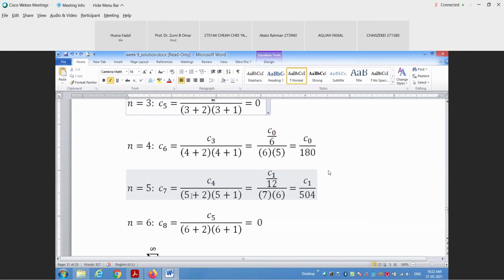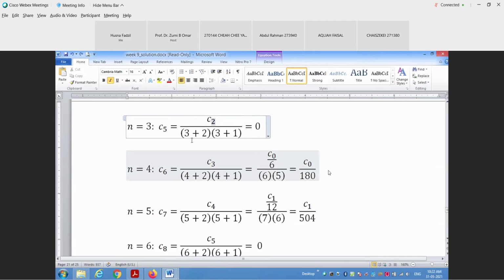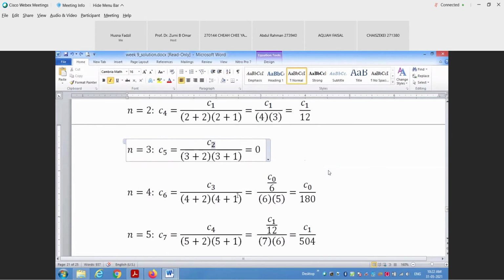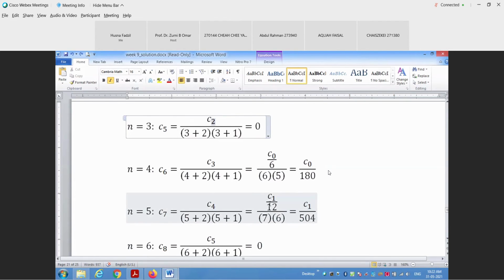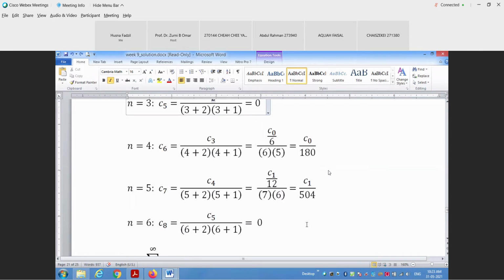Okay, 5 plus 2, 7 times 6. But C4 is equal to C1 over 12. Okay, C1 over 12, over 42. That means 42 times 12 will be 504. So C7 equal to C1 over 504.